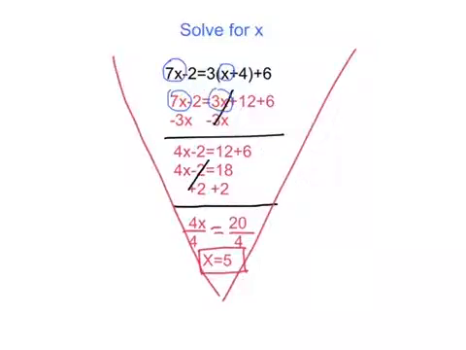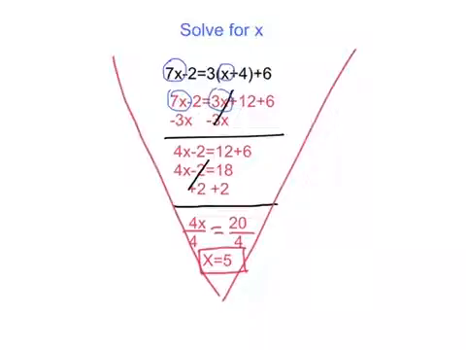So next I added 12 plus 6 and got 18 and brought down the rest of my numbers, and I was left with 4x minus 2 equals 18. I did the opposite of subtraction and added plus 2 on both sides of 2 and 18, and then I was left with only 2 numbers, so 18 plus 2 equals 20.